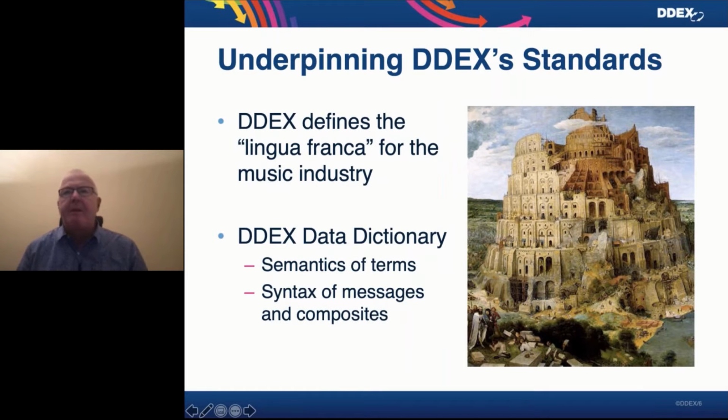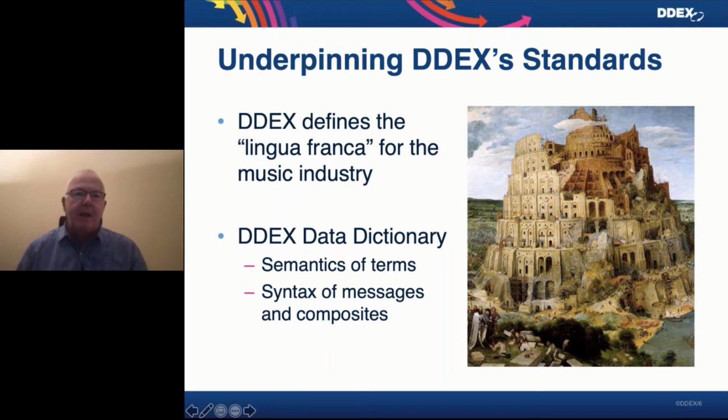One last point about DDEX is to emphasize the importance of our data dictionary, which contains all the semantics of all the terms in all of the messages and the syntax of the individual messages, and something that we call composites. Composites are building blocks that we use throughout the messages, across all different types of messages, to describe common entities.